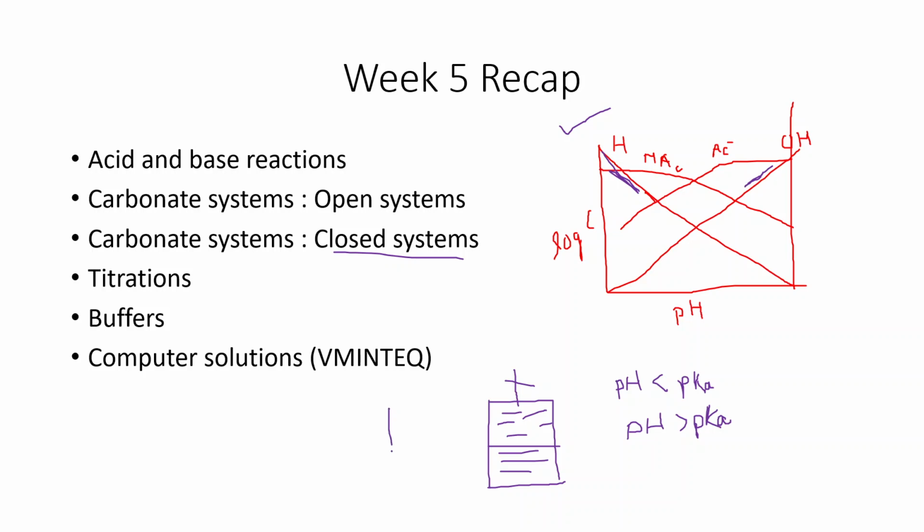But in an open system, interaction between the atmosphere and the aquatic system is allowed. So either carbon dioxide can come in or go out depending upon the concentration. So this is the open system. Open system is a bit more complex than the closed system.